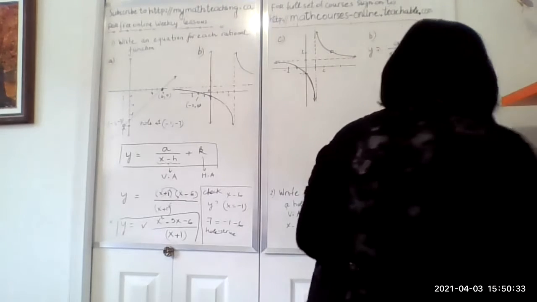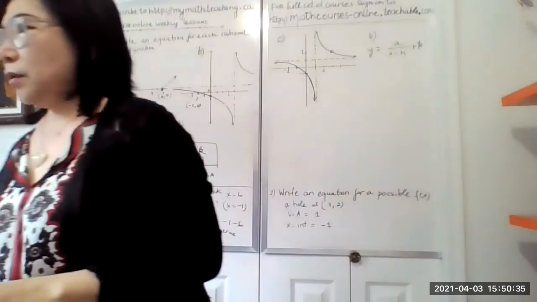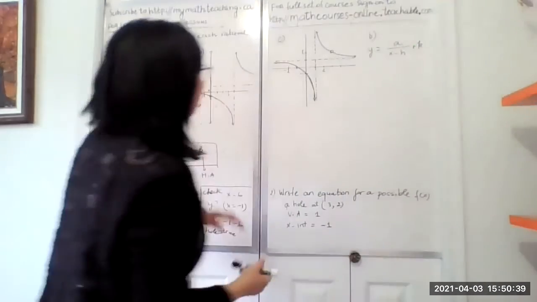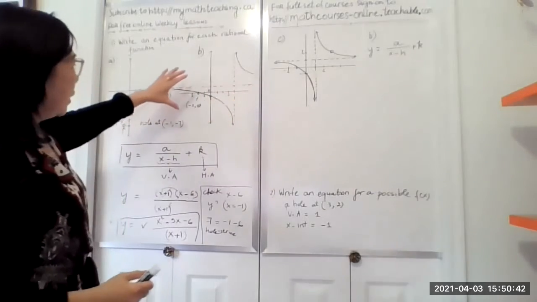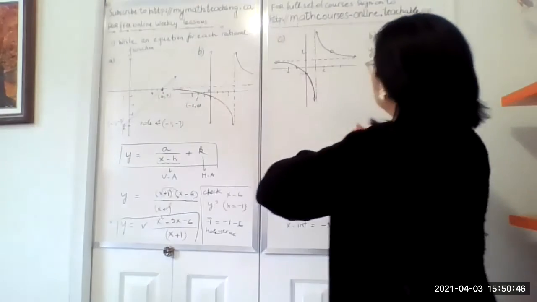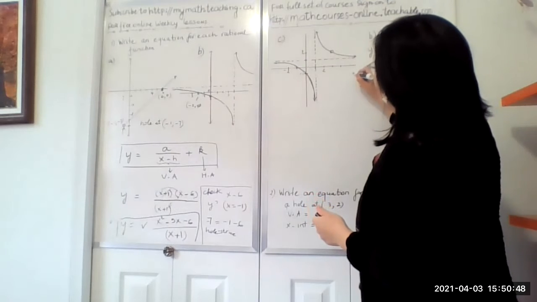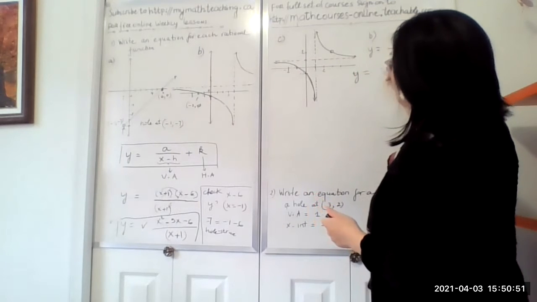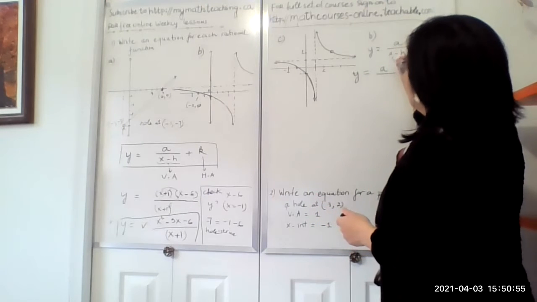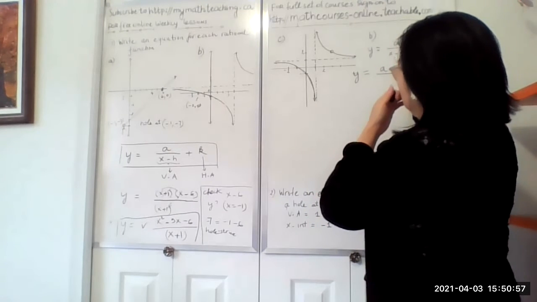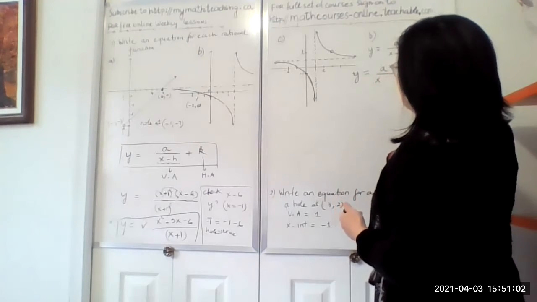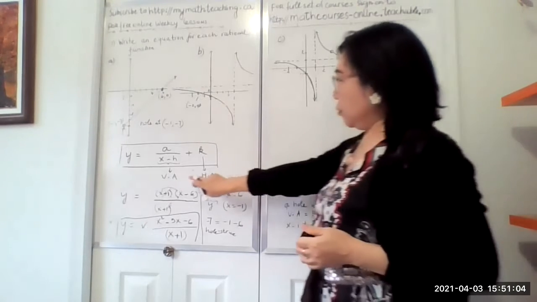Now, I am going to substitute any value I know into this information. So I'm going to write y equals, now a I don't know, obviously, right? The x is just the x. Minus h is the vertical asymptote.